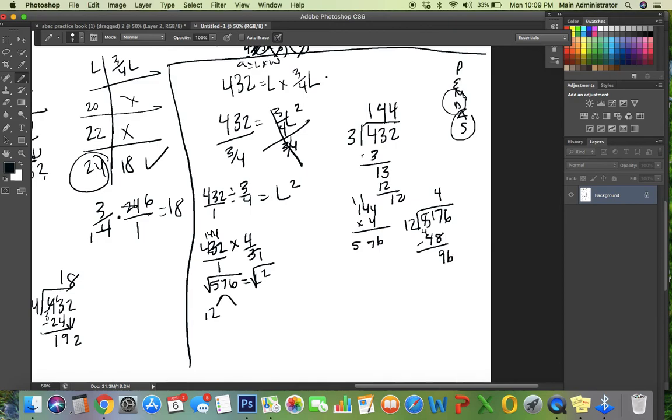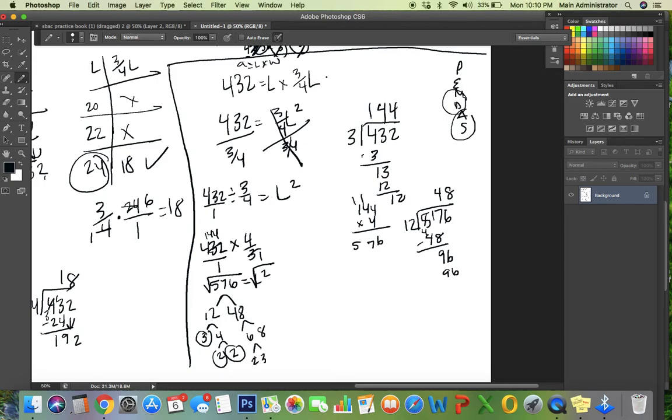And I know 96 goes in 8 times. So we'll do 48. 12 is 3 and 4. Remember, you're finding all your prime numbers. There's our primes. With 48, I have 6 times 8.